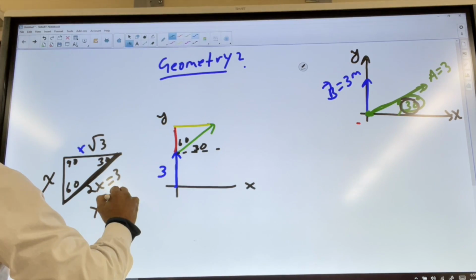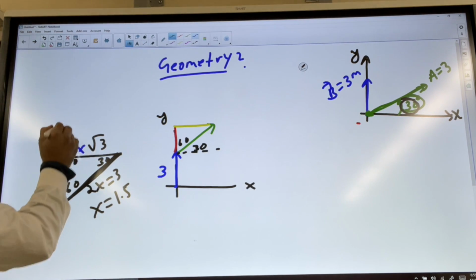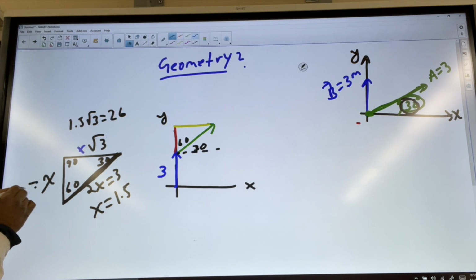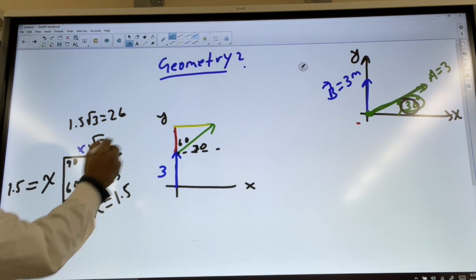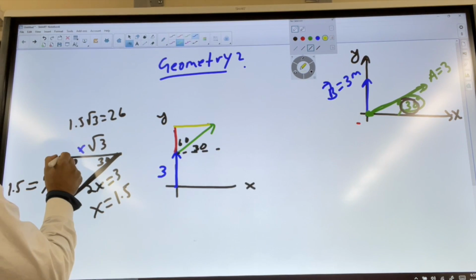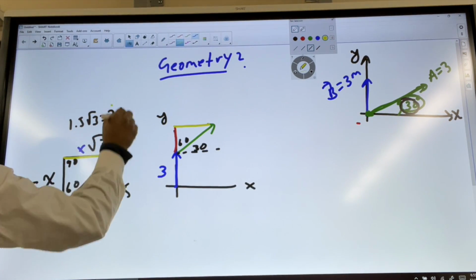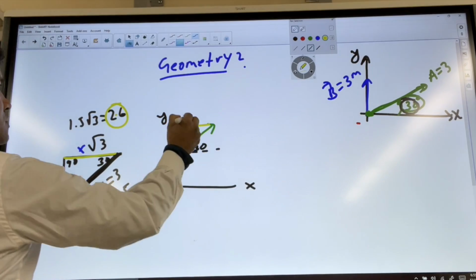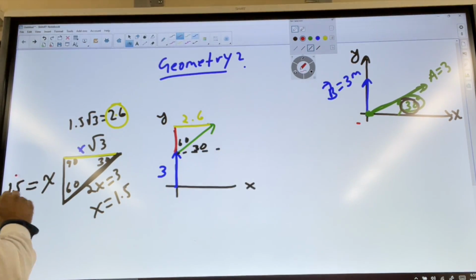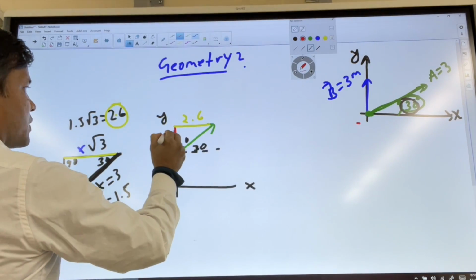So 1.5 root 3 is 2.6, and x is 1.5. So the yellow one is 2.6, and the red one is 1.5.